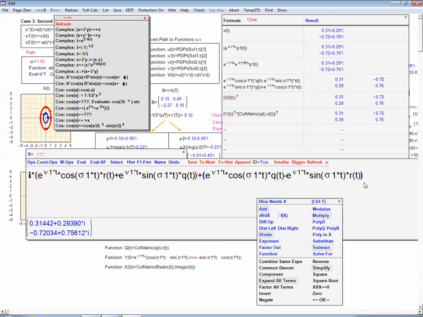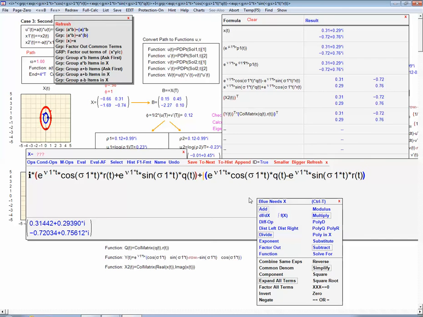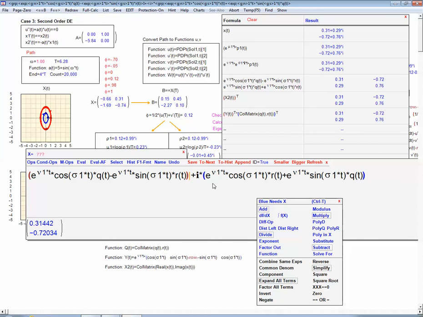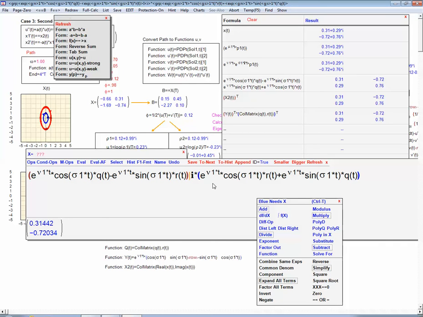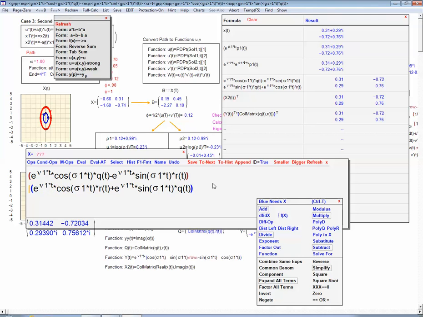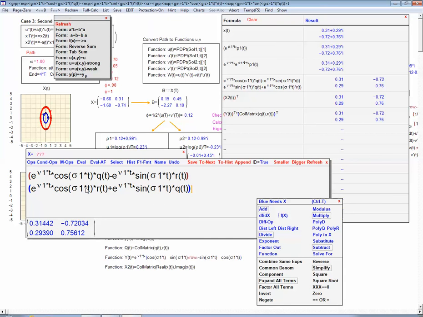So let's do that next. And to do that, I want to put the real piece on top. So let me put that back here. And now for this second piece, I'm just going to push it down to the next row and get rid of the imaginary piece.